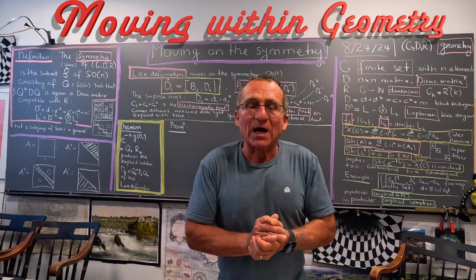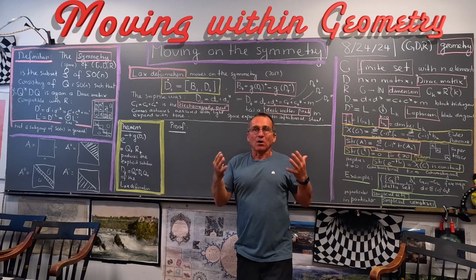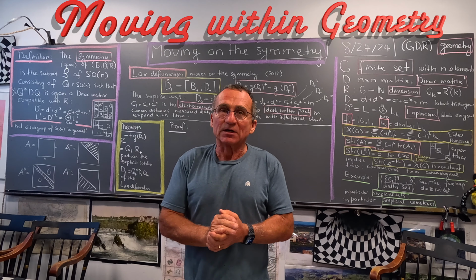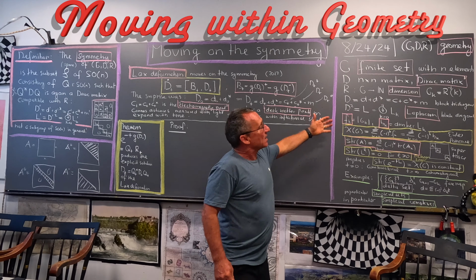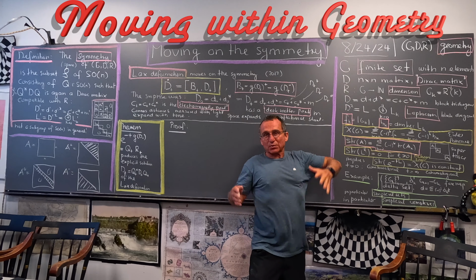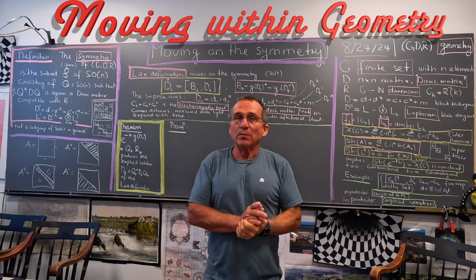Welcome. I want to get back to this total deformation of a Dirac matrix for a finite geometry. So here's the setup. It's very general, contains simplicial sets or simplicial complexes as special cases, but it's a computer science approach where we are just looking at the matrix D, which essentially defines everything about the geometry.